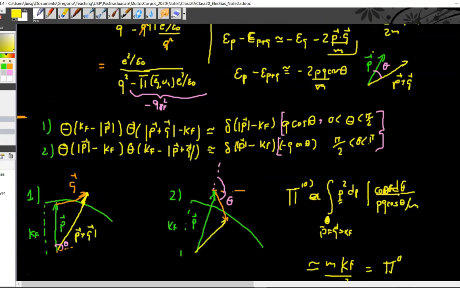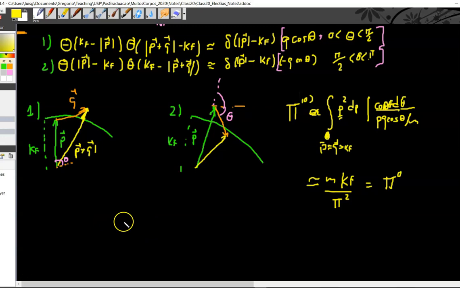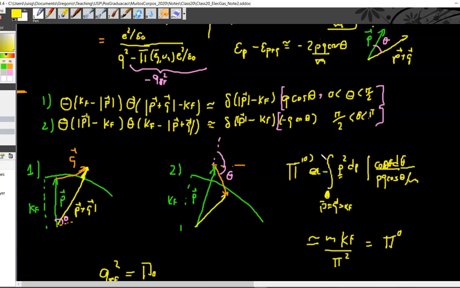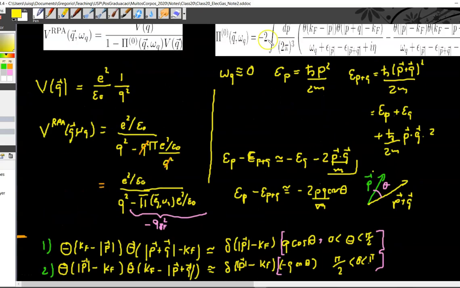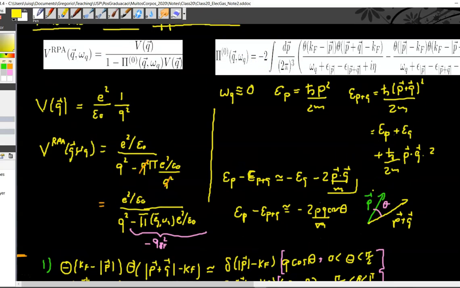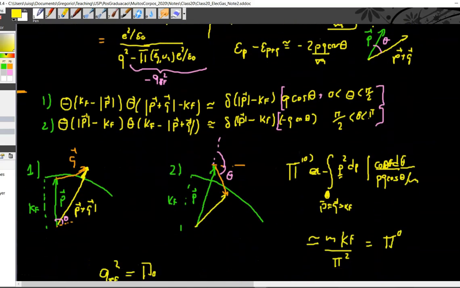And if I go back into my integral there, k Thomas-Fermi square would be pi 0, with a sign of minus here because of the loop, a factor of 2 and so on.